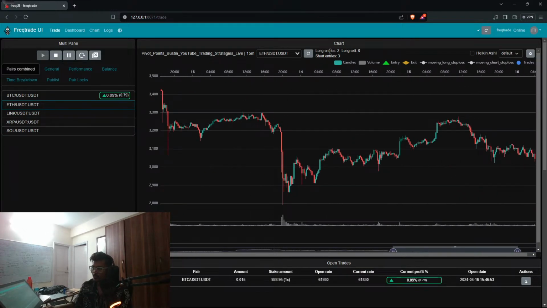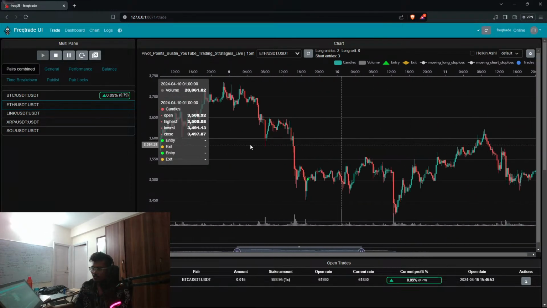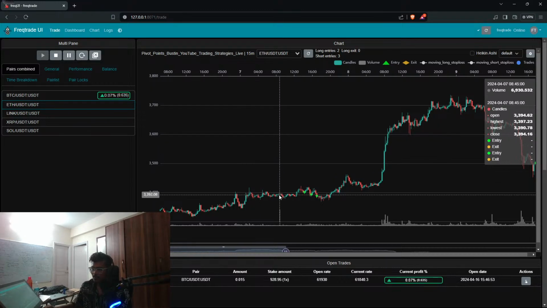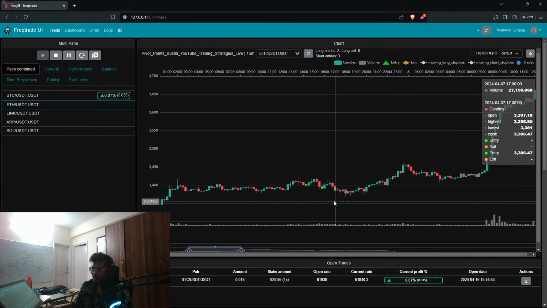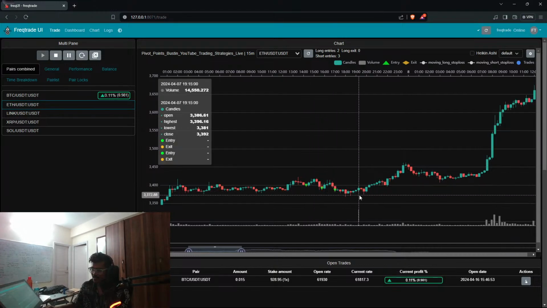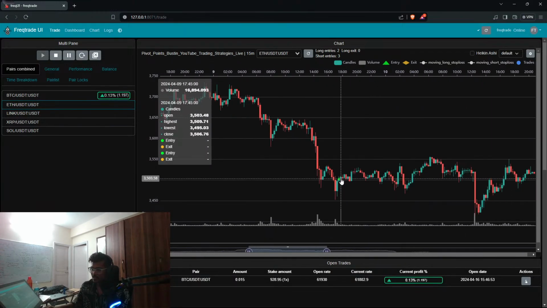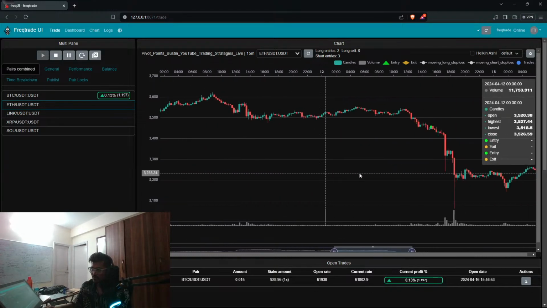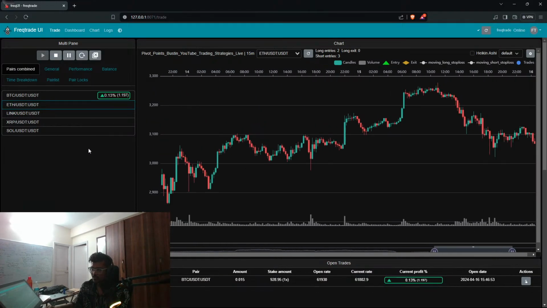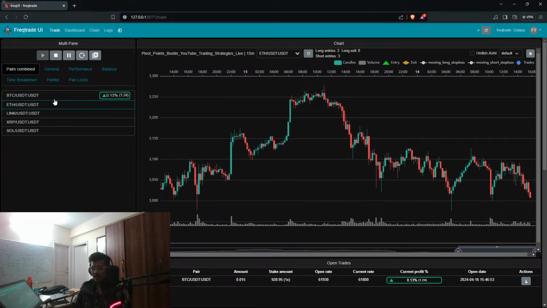In Ethereum we had 2 long and 3 short entries. Let's see those entries. This was a short entry, from here. If you had taken the short with the stop loss above that, it would have been a losing trade. Here was a good winning long entry. Here was a losing trade. So 2 losing trades, 1 winning.